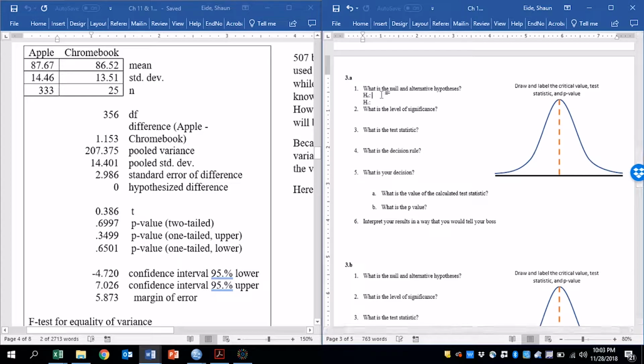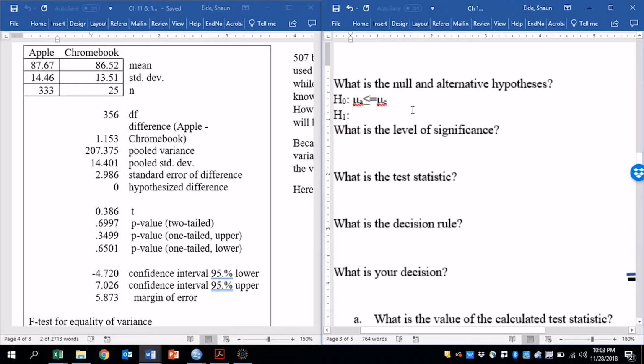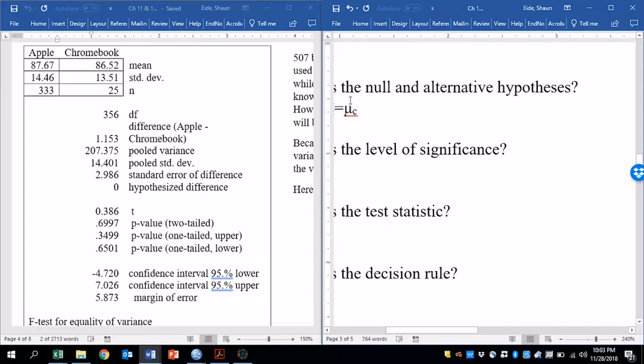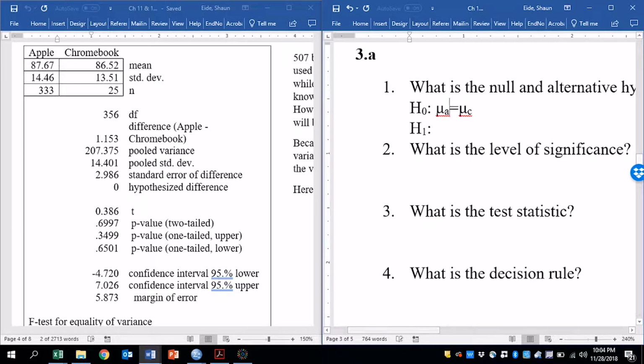Okay, so let's do this. Mu sub a is equal to mu sub c. And I'm going to see if I can zoom in a little bit. There we go. Mu sub a is equal to mu sub c. And the reason why it's equal to is because there's no direction indicated.